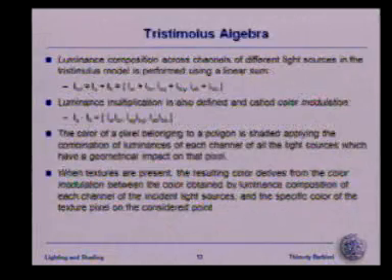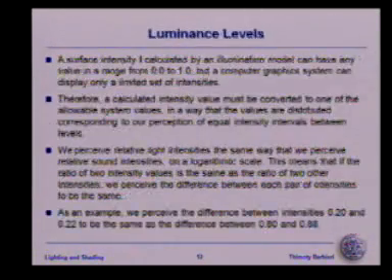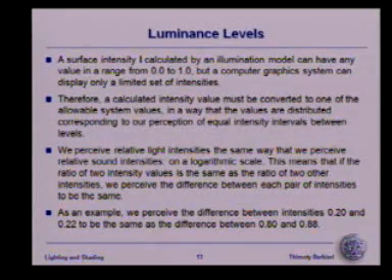Okay, we have seen that we have luminance and that we indicate it as IR, IG, IB. What are the values that we can put? What are the numbers that we can put inside here? The surface intensity, I, in an illumination model, usually has a value in a range from 0.0 to 1.0. Which means, in theory, that you can have an infinite number of intermediate values within this range.